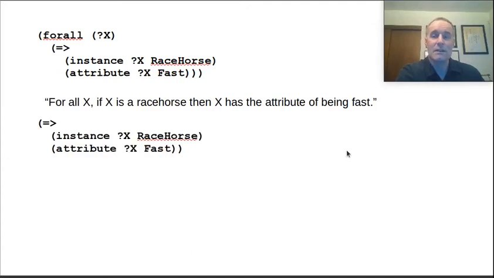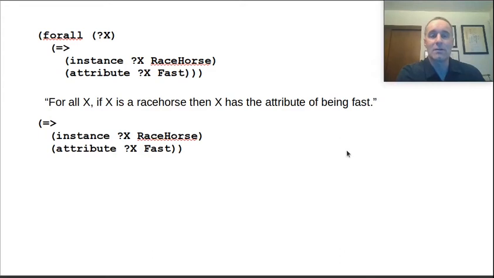Now, in the syntax that I use, variables that are not explicitly quantified with a for all or an exists, and we'll get to what exists is, an existential quantifier, in a moment, are assumed to be universally quantified. It's implicitly universally quantified.